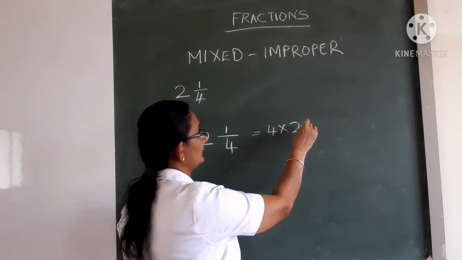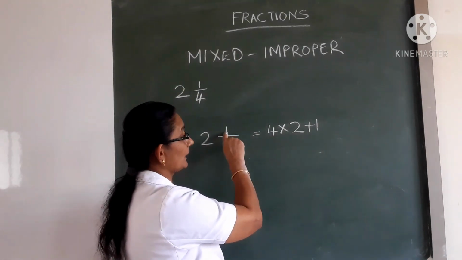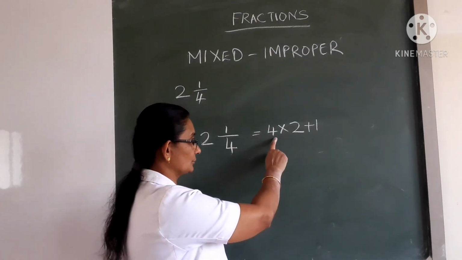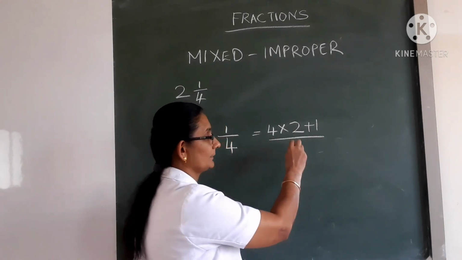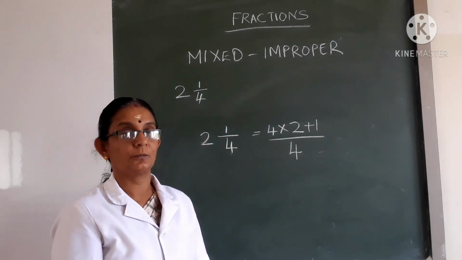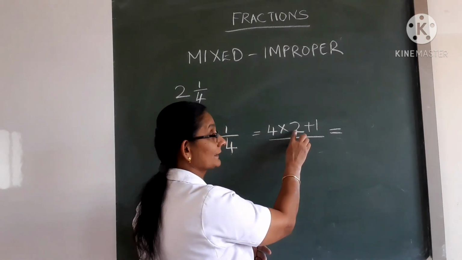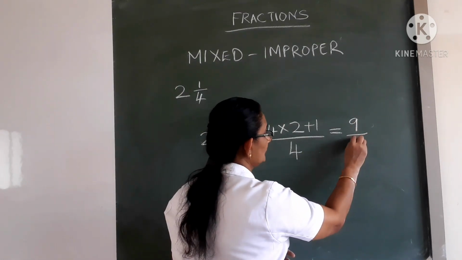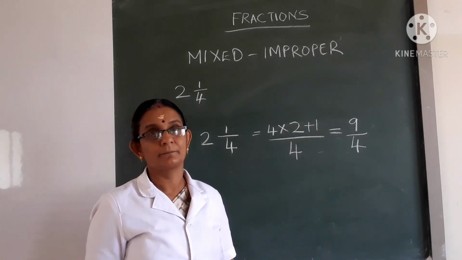And after multiplying, you have to add the numerator also. So 4 into 2 plus 1, by the denominator. So what is the answer? 4 into 2 is 8. 8 plus 1 will give you 9. So 9 by 4.